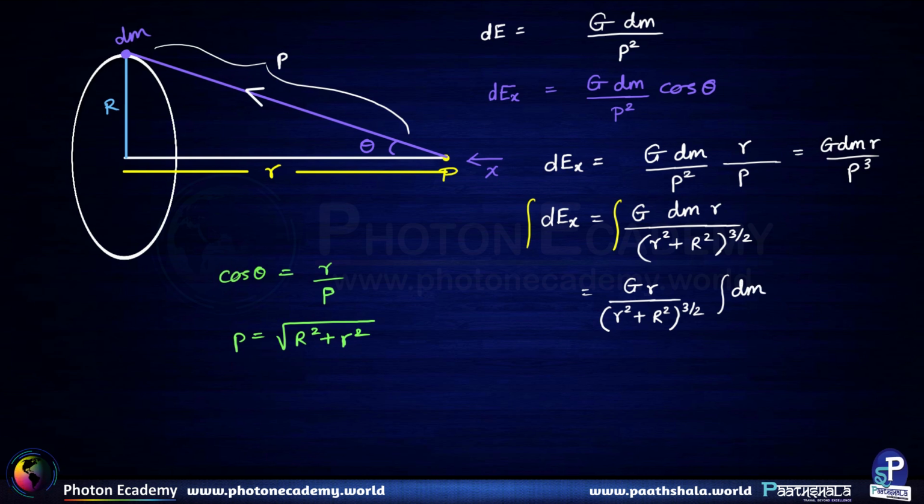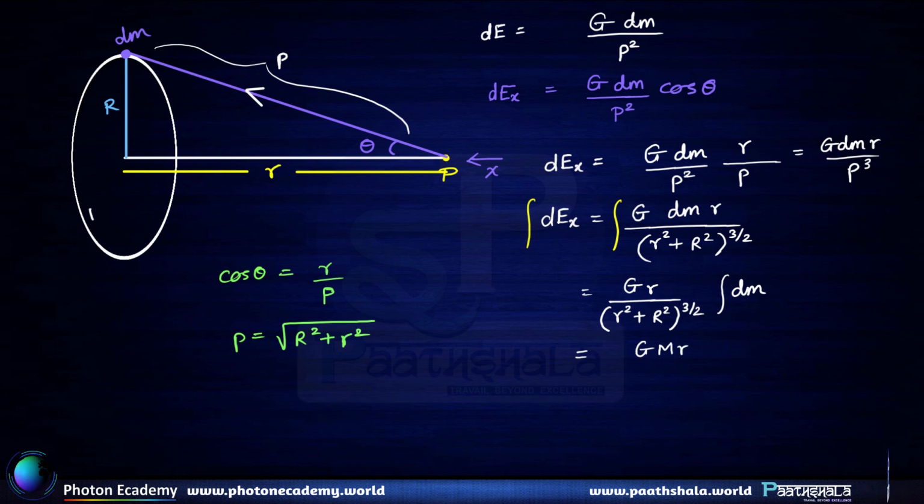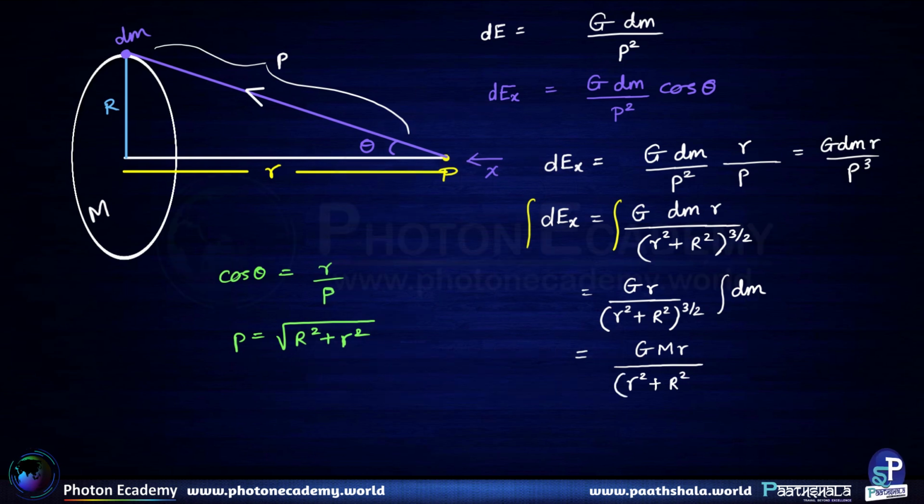Integration of dm is nothing but the total mass of the source ring. So it is going to be G M r, where M is the total mass of the ring, upon r square plus R square raised to 3 by 2. So this is the expression for E, which is Ex, which also happens to be the net field.